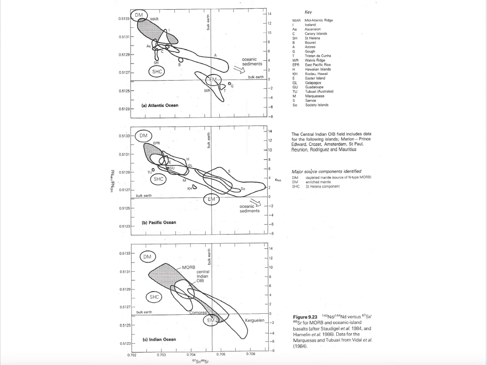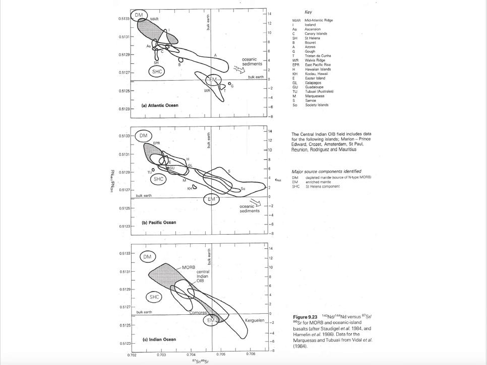So then we have the major components identified. That is the depleted mantle. SHC, that is the St. Helena component. And EM, that is the enriched mantle, and the enriched mantle is just lying on the bulk earth, that is the average earth, the bulk earth.